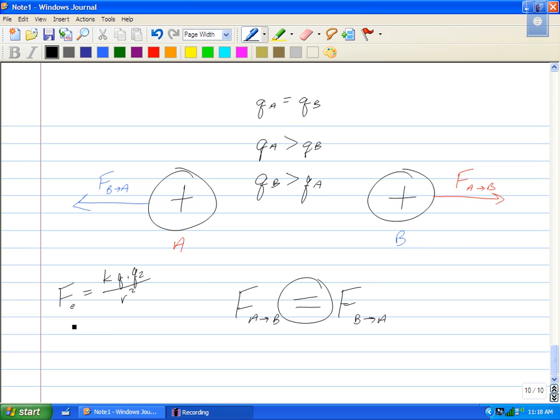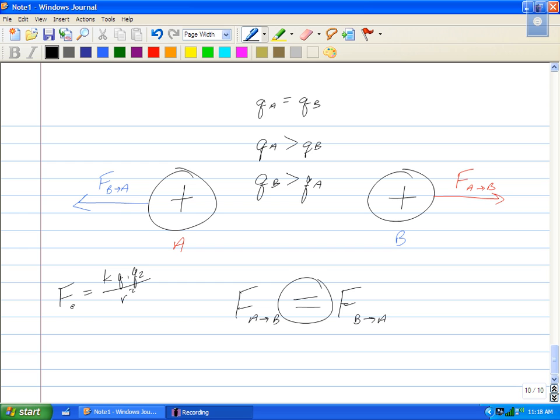Well, which one is that for? Is that for the force of A on B or the force of B on A? It's the same. Because what we have here is an example of which law that you were just reminded of on your benchmark? Equal and opposite. Okay. Third. Yeah, Newton's third law. Equal and opposite reaction.